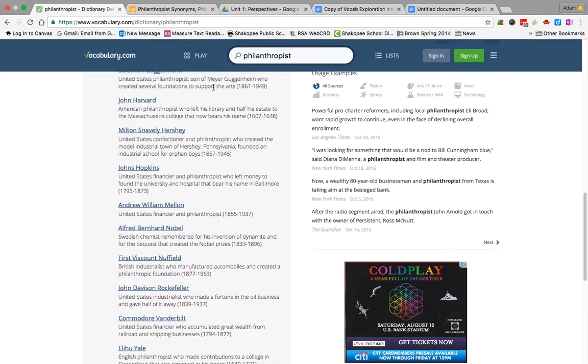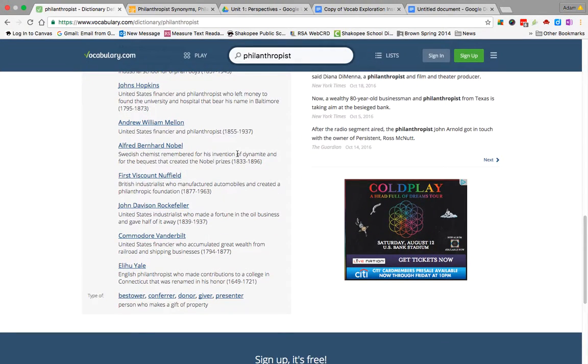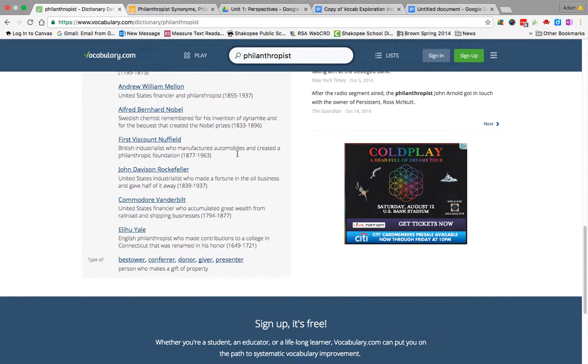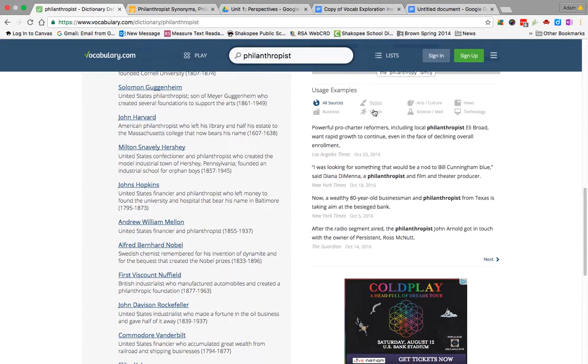He also built the Guggenheim Museum. This is the guy who left his money to found a university and a hospital in Baltimore. So these are all major wealthy people, and they've all given large amounts of money to create these things to better mankind. That gives me a better understanding of it than just reading a dictionary definition.